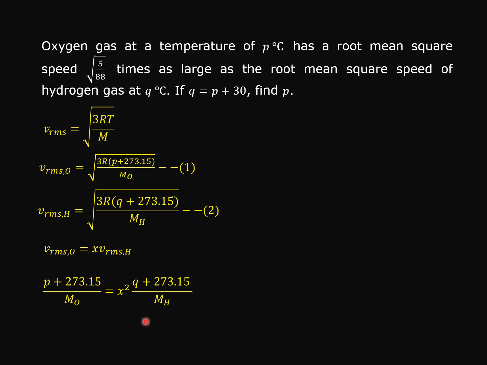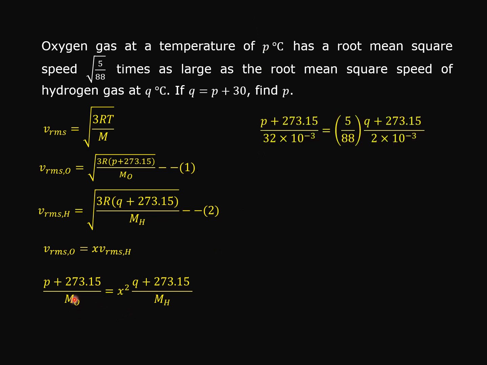So x will become x squared. Without the square root sign, at the left hand side we have P plus 273.15 divided by the molar mass of oxygen, and at the right hand side we have Q plus 273.15 divided by the molar mass of hydrogen. The 3R in equation 1 and the 3R in equation 2 have been cancelled out.